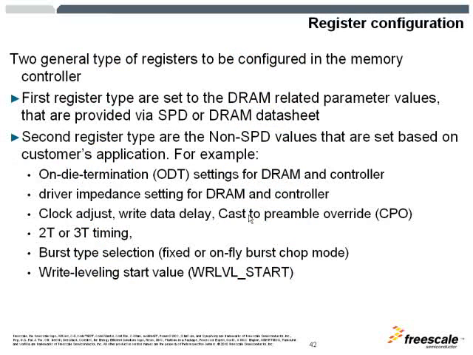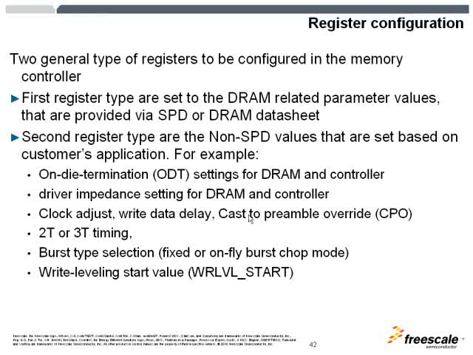Then the second group of registers that you could program are non-SPD, whereby you are providing information to the controller to tell it to manage certain aspects in different ways.